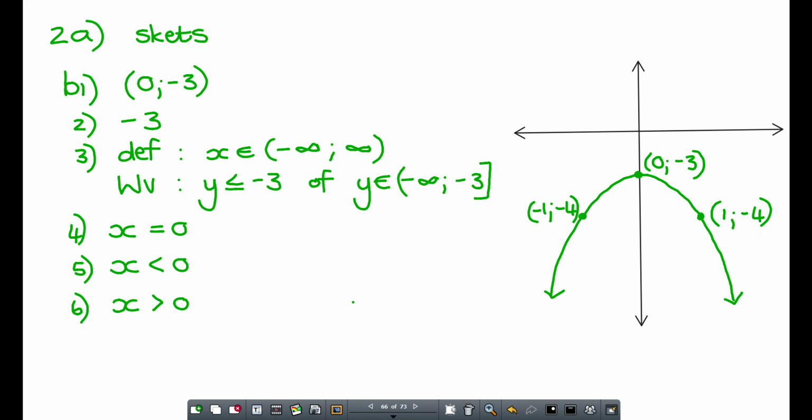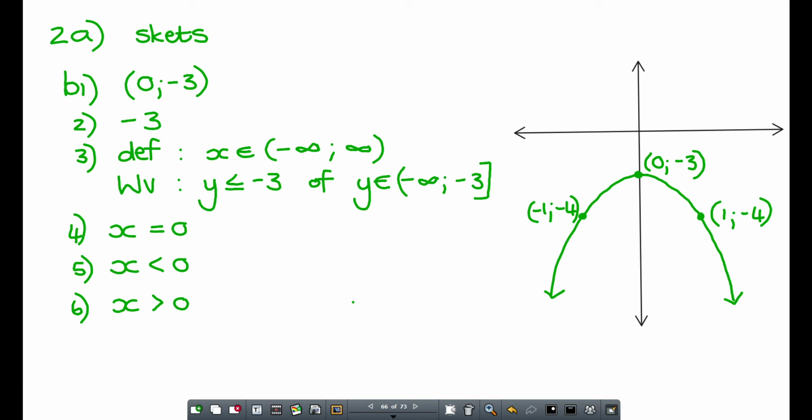Great. Number 2 said, A, sketch the graph of f(x) equal to minus x squared minus 3. Weet nie van julle nie, maar ek het eers gou vir B gaan doen, die eerste deeltjie van B, voordat ek die grafiek gaan teken.